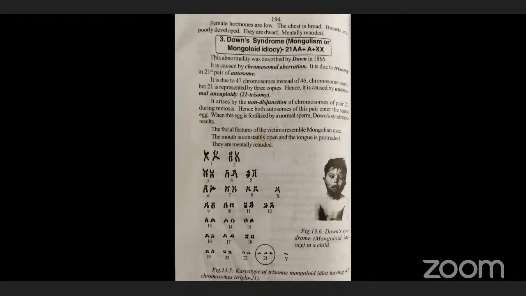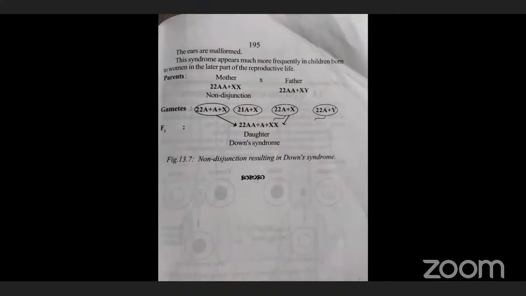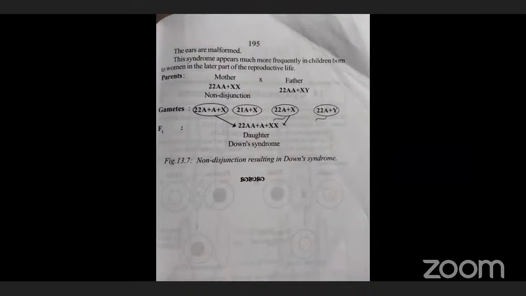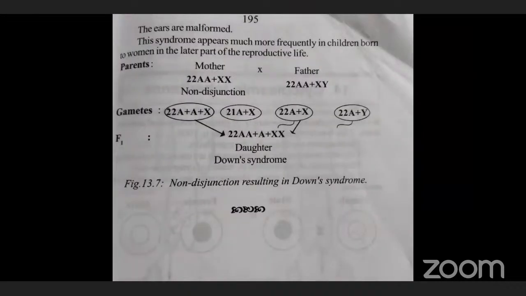Turner syndrome we have just completed. The next one is Down syndrome. Down's syndrome is also known as Mongolism. This is an important one.